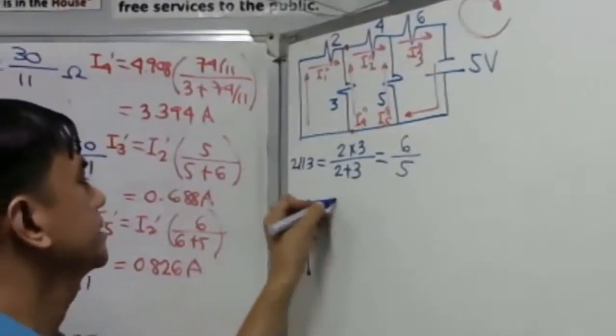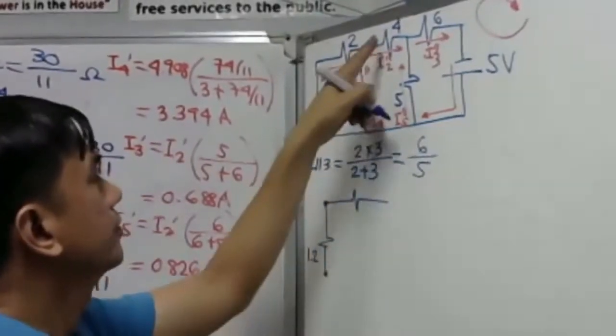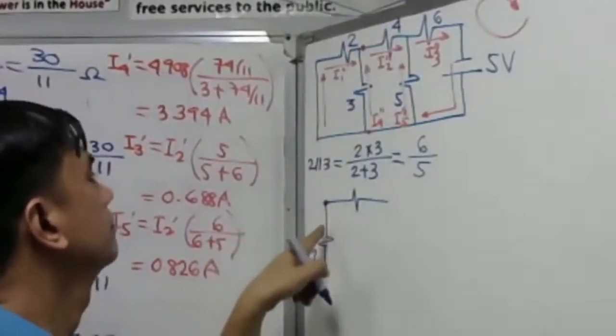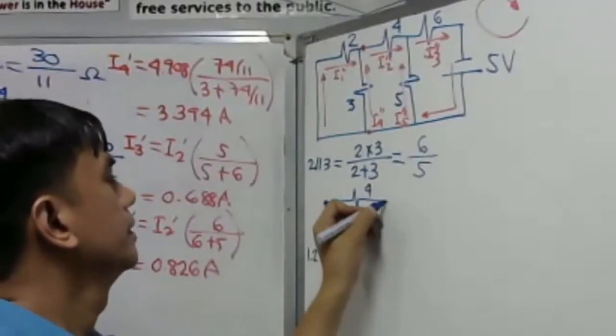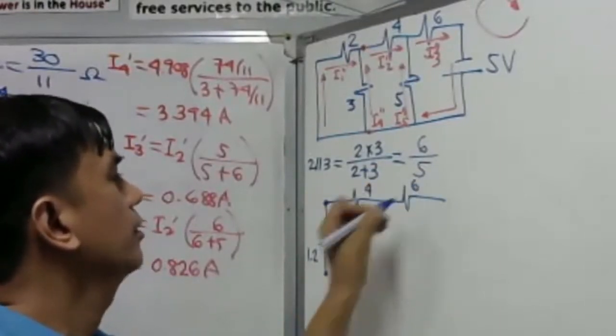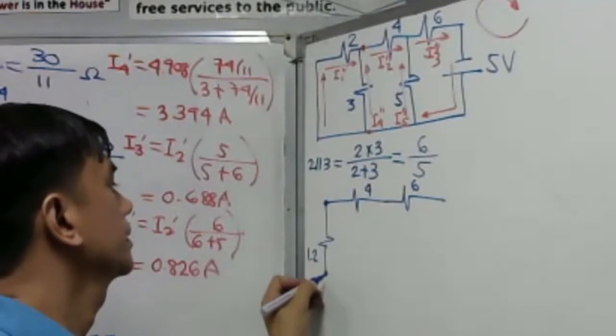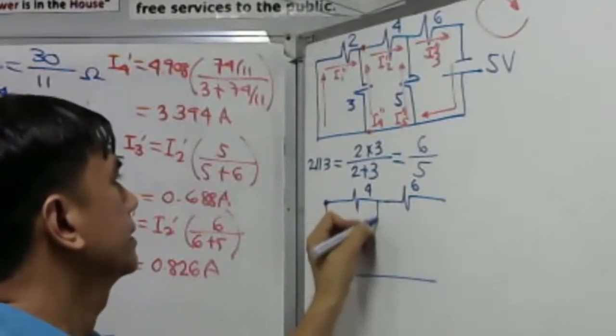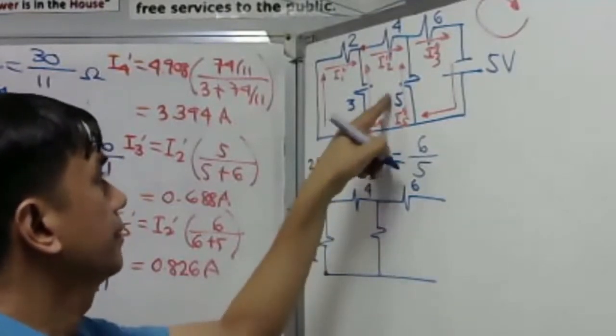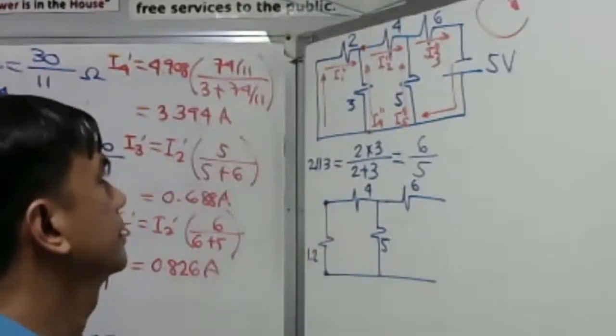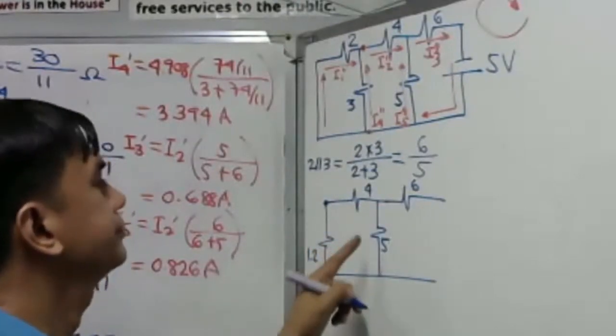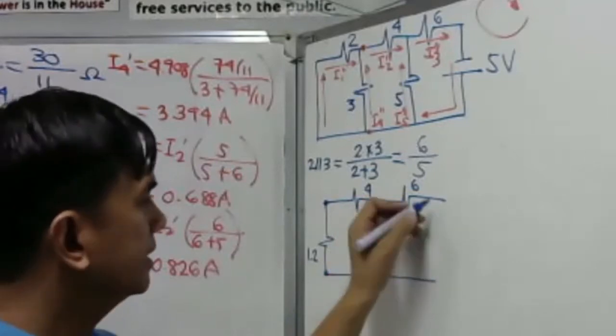Then this is connected with 4 ohms. Then there is 6 ohms here. Then there is 5 ohms. And then this is our source.